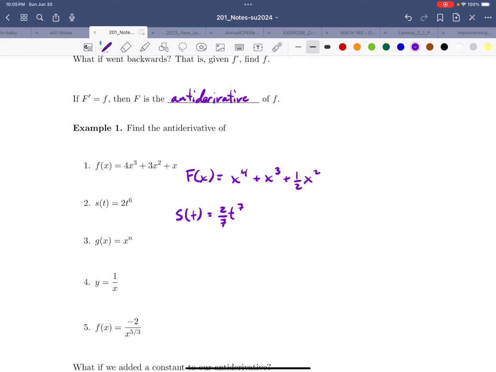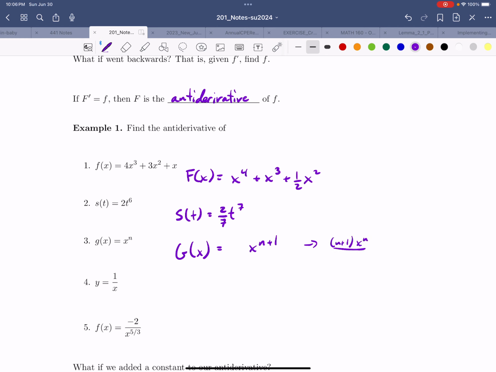Now, what about x to the n in general? Well, what's the pattern that we've been doing with each of these? Look, we're raising x to the n plus 1. We have to add 1, right? We're doing the reverse of the power rule. But then if you took the derivative of that, you'd get n plus 1 times x to the n, right?